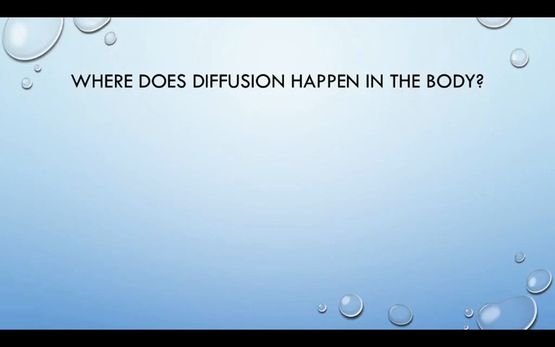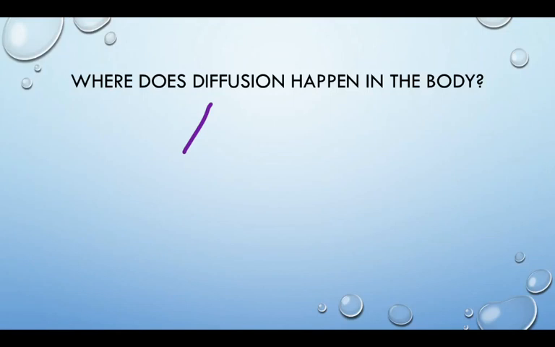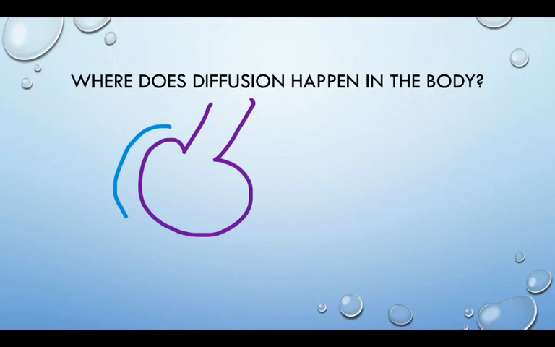Okay, let me draw an alveoli. This is an alveoli. All right, that's the alveoli. And now I'm going to draw the blood that's going to surround it. This is a capillary surrounding it.